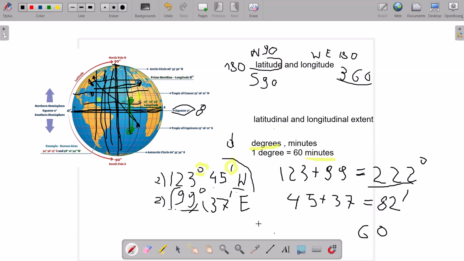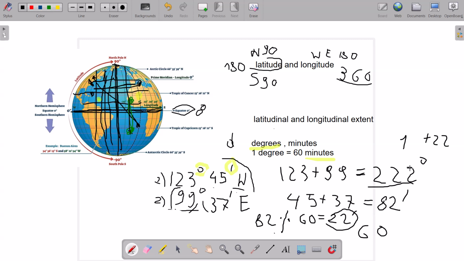So what to do with this case if you have 82? You can do modulus 60. So let's do 82 remainder 60. What will you get? You will get 22. So as you can see, we have 1 degree and 22 minutes left. So you have 1 extra degree plus 22. What is left is 22 minutes.